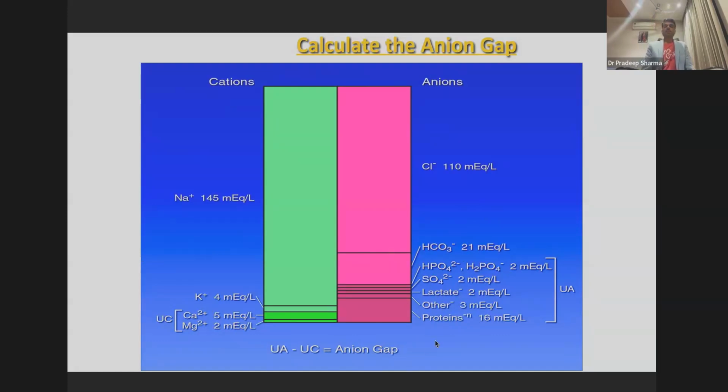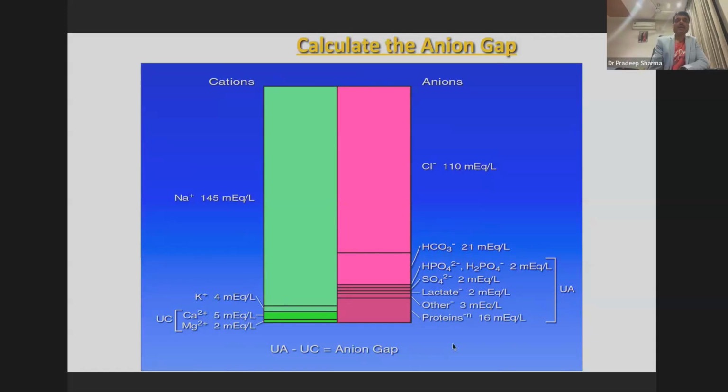Now what is the importance of the anion gap is, if you are just losing bicarb, suppose in urine or stool, patient is having bicarb loss because of diarrhea or because of renal tubular acidosis or just because the baby is premature, in that case you can supplement the baby with bicarb.